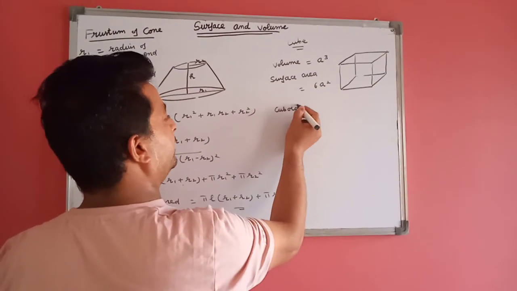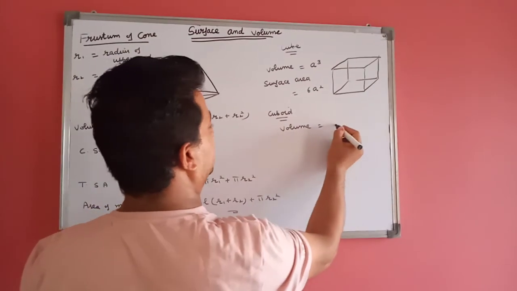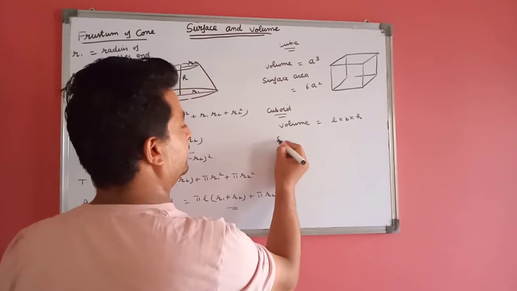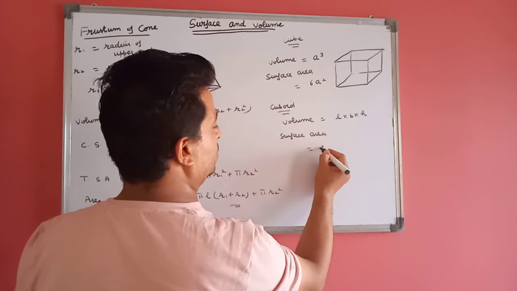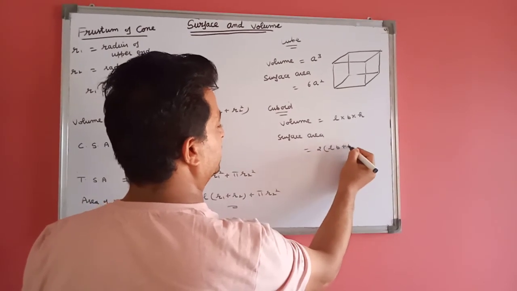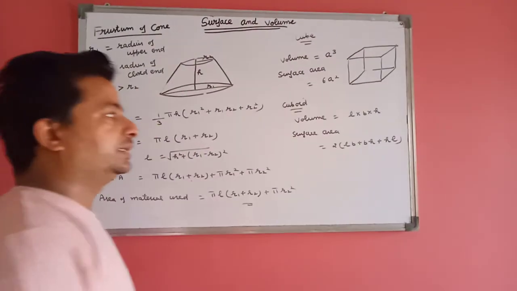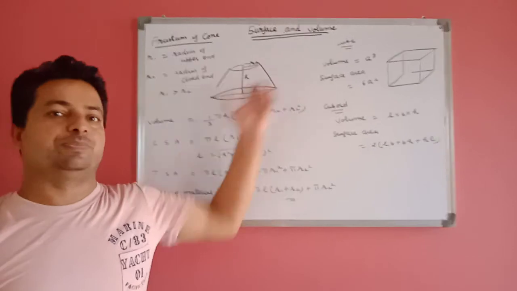Then cuboid: volume of cuboid is L into B into H, and surface area is twice of (LB plus BH plus HL). These are the formulas which are used in this chapter.